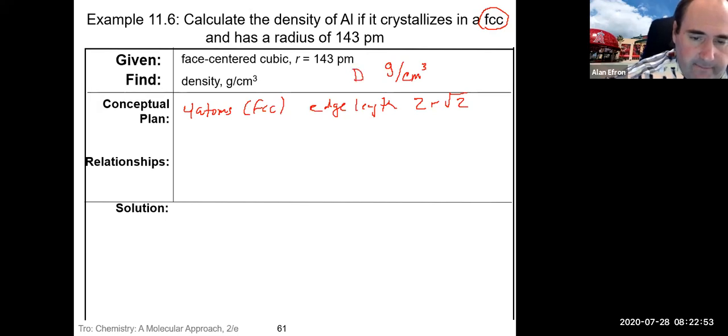We ultimately need to figure out how many grams we have, and we need to figure out the volume in cubic centimeters. Remember that the volume of this kind of cubic unit cell is the length cubed. So we can use this formula to get to the volume.